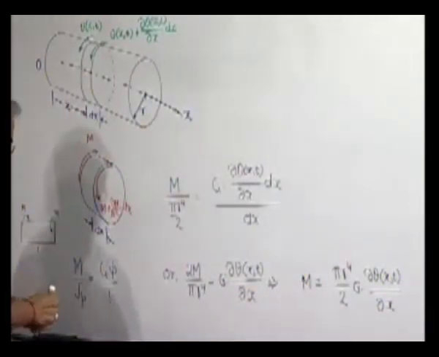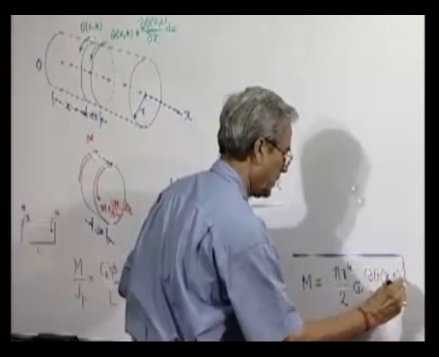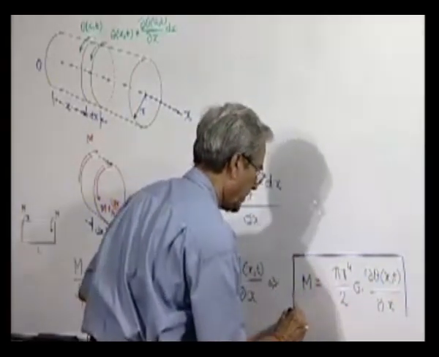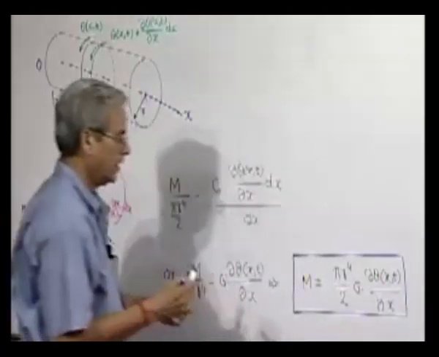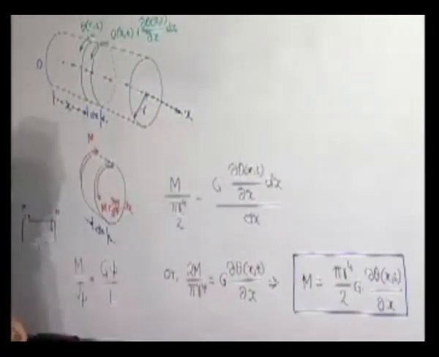So this is what we find, the expression of the twisting moment in terms of the displacement, the material properties and the size of the shaft, that is r.